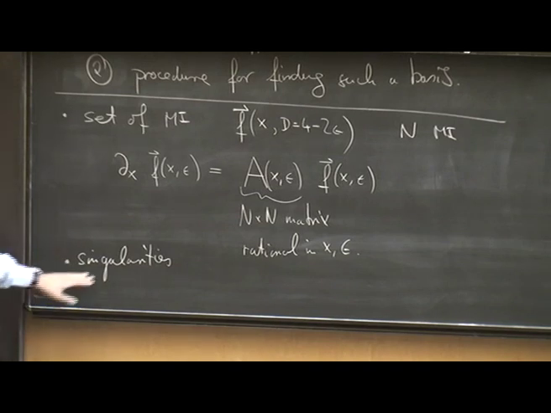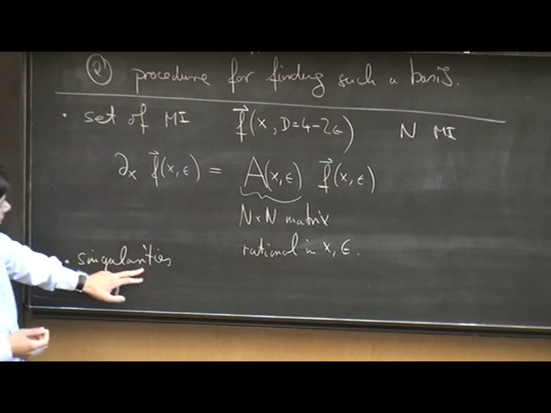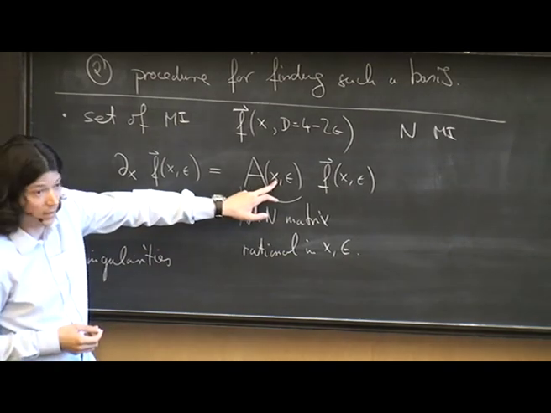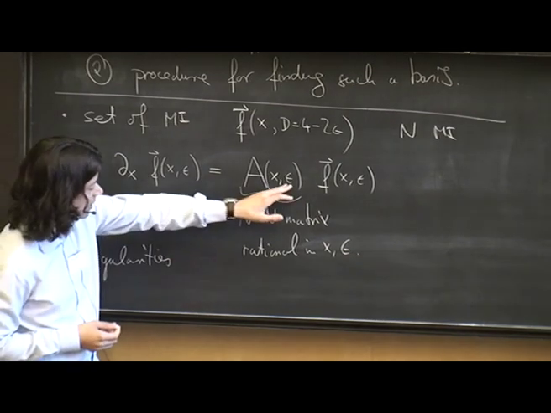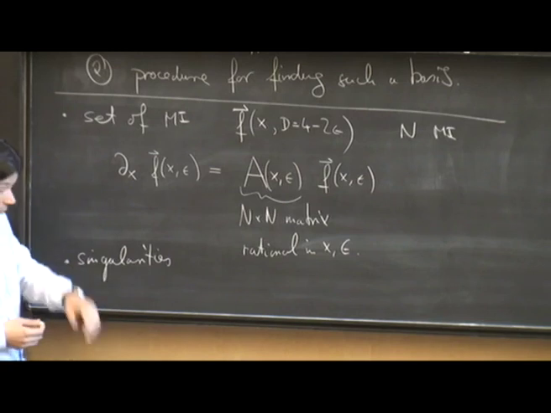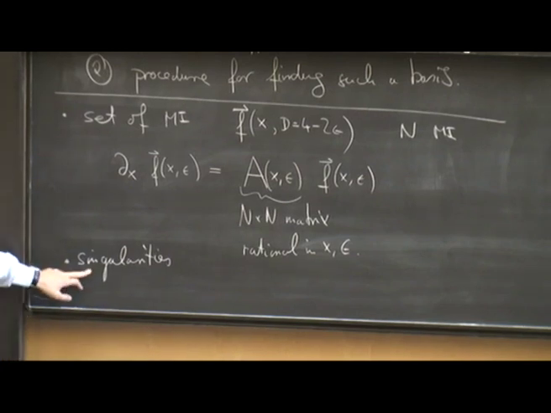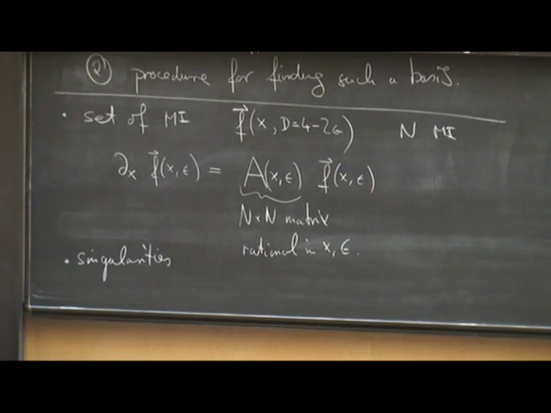I could imagine that you can prove some further statements about the epsilon dependency. In fact, this goes very much along the same spirit as what we'll be discussing now for the singularity structure. Here first we'll focus on the x dependence, but many of the things we'll see will have an analog when you think about the epsilon dependence. So, very good comment. But let's start with the x dependence.